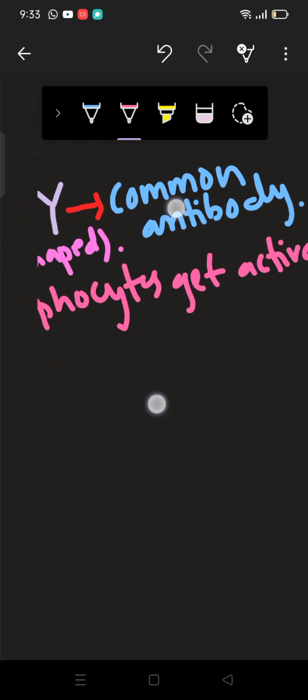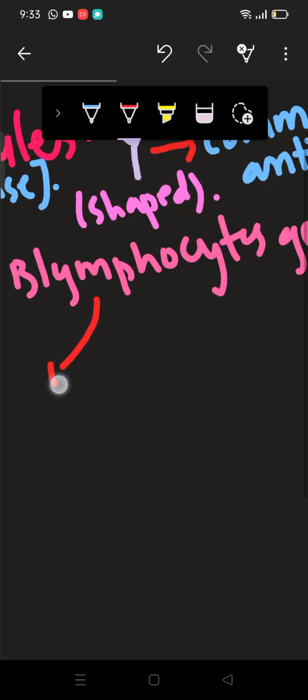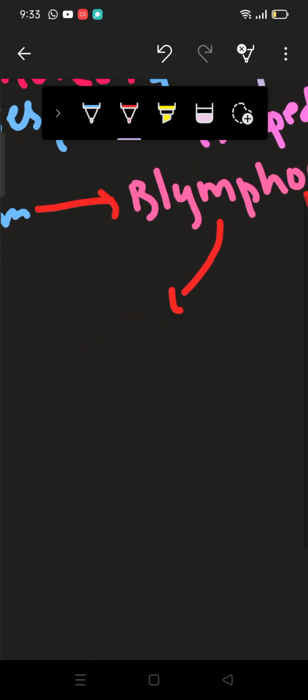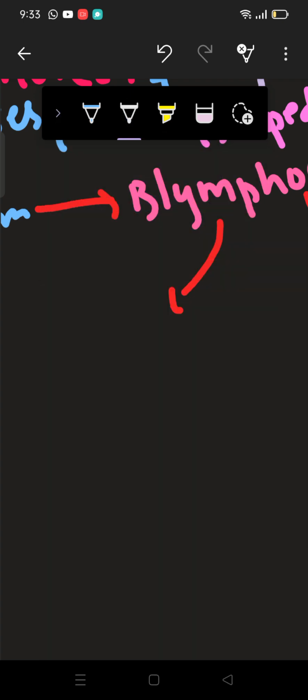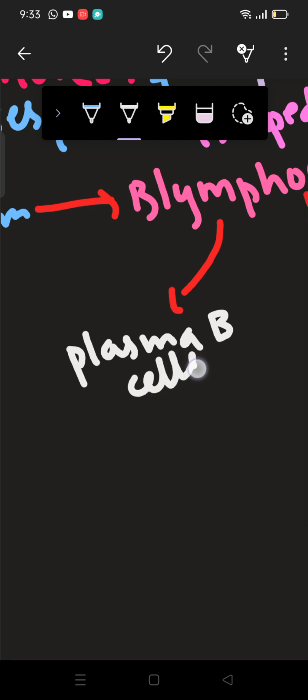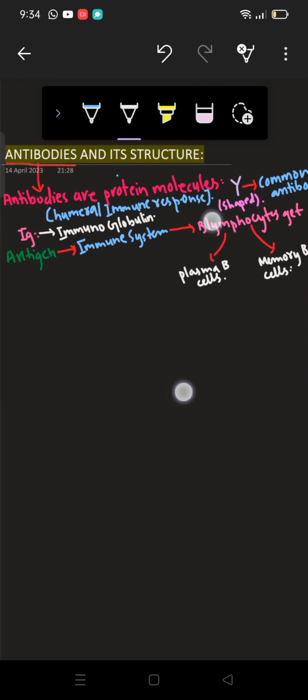Alright, and they are then differentiated into two types of cells. Wait, let me write those as well. B lymphocytes are differentiated into two types of cells. What are those two types?